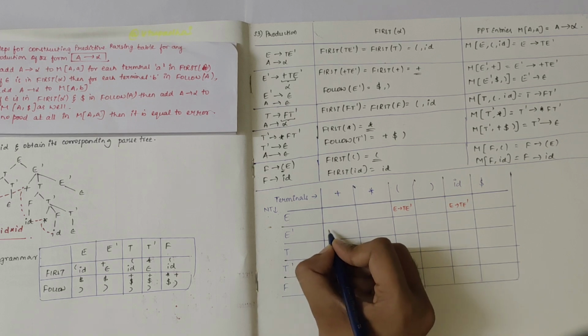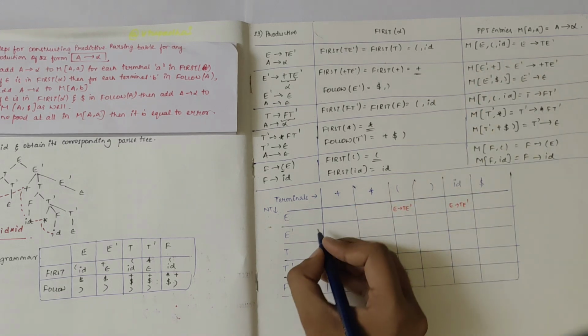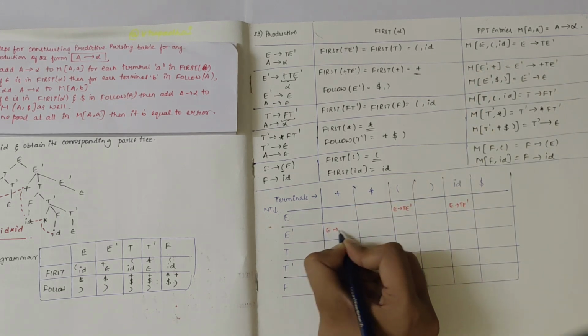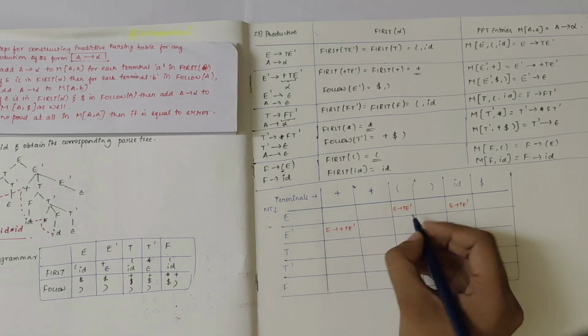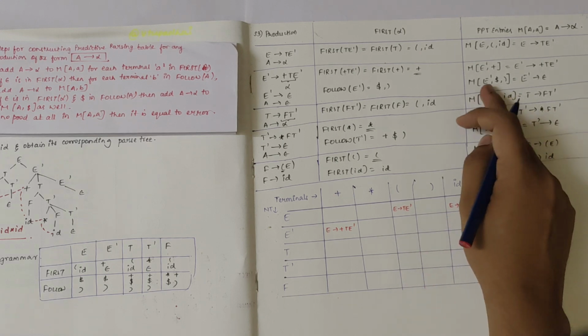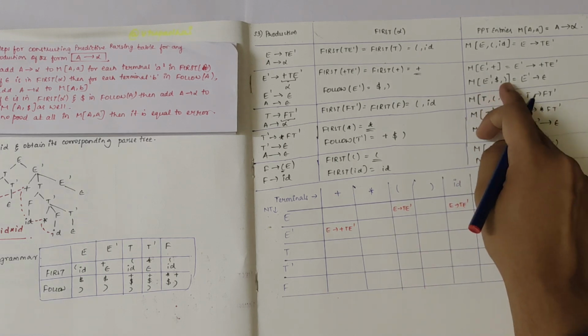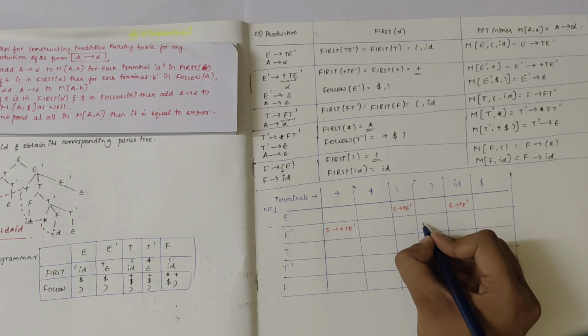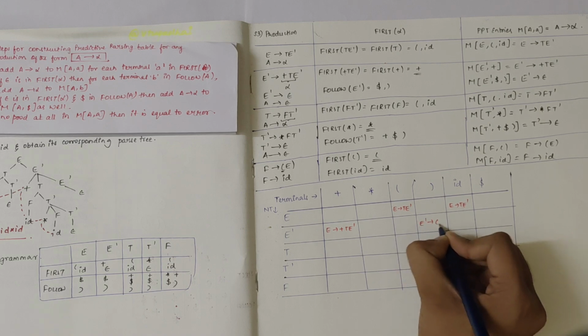And here, if you look at it, E dash comma plus we have E dash derives plus TE dash, and on this side we have E dash comma dollar and close bracket, where we have E dash derives epsilon.